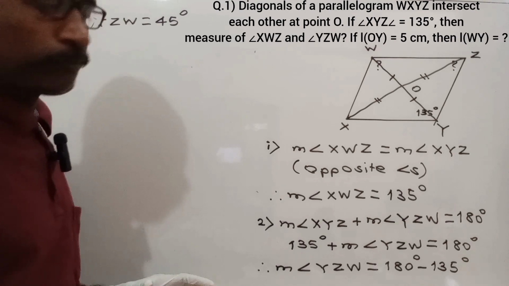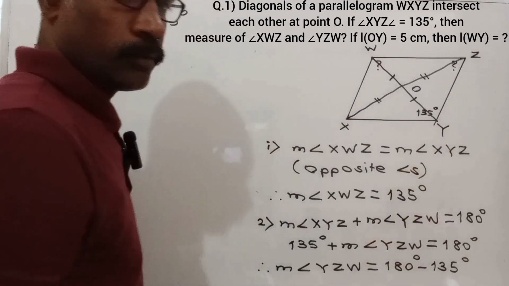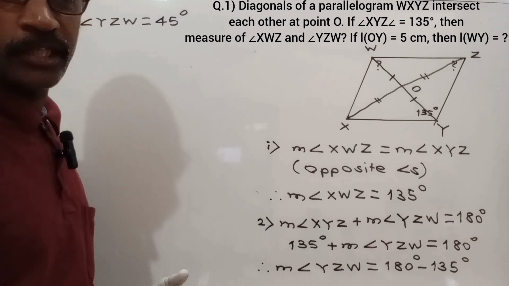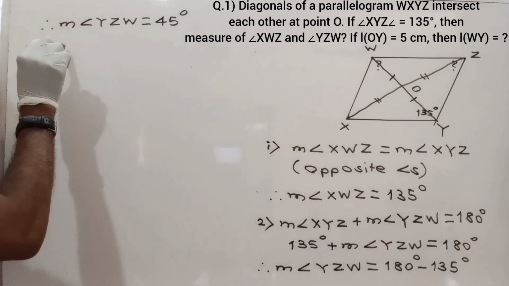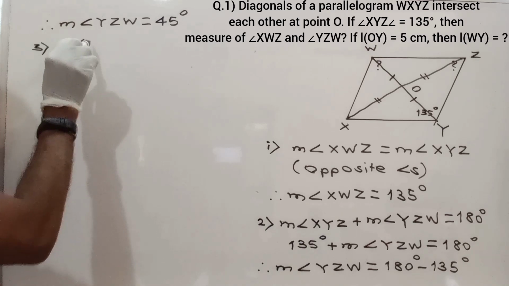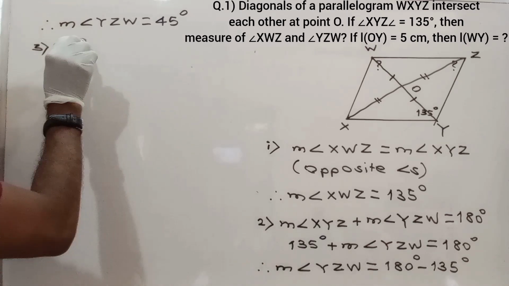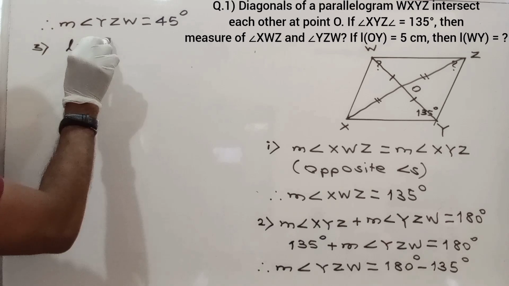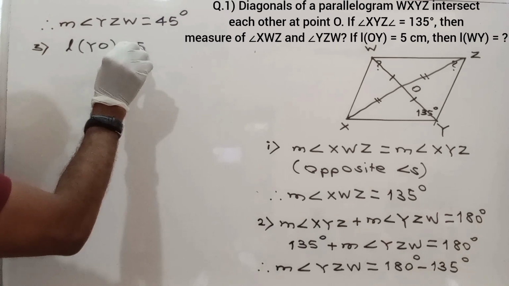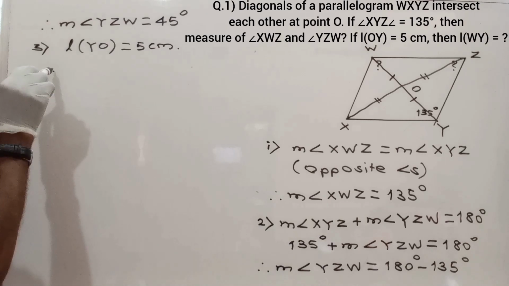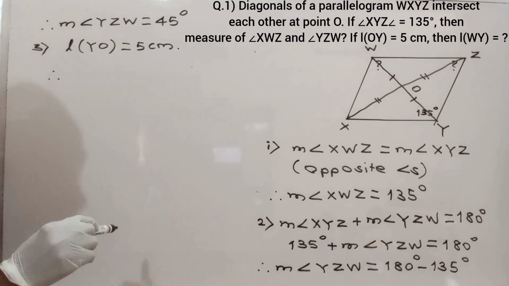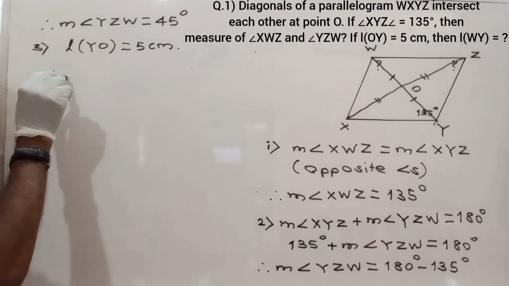Did you get it? Diagonals of a parallelogram bisect each other. Now we have been given length YO, YO is equal to 5 centimeters. This is given. Then the question is, find length WY.